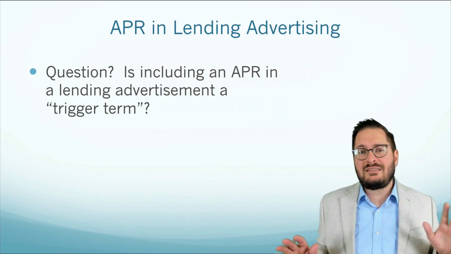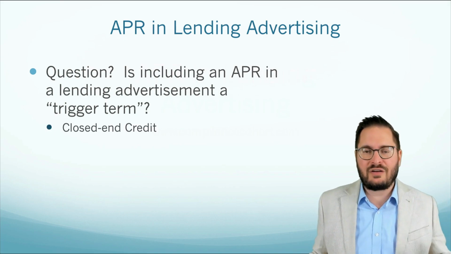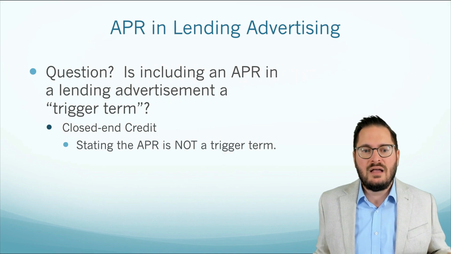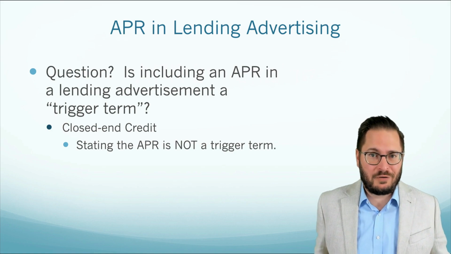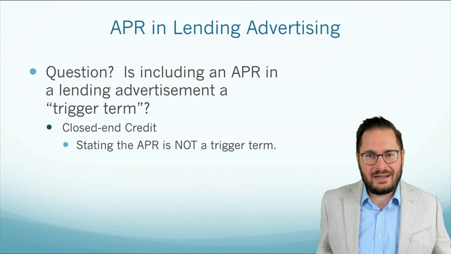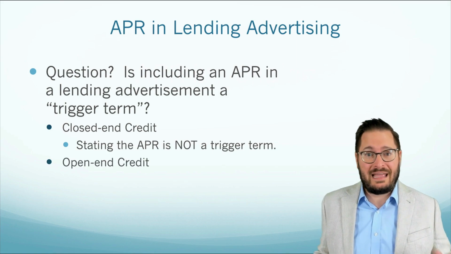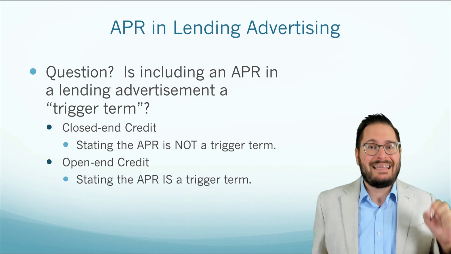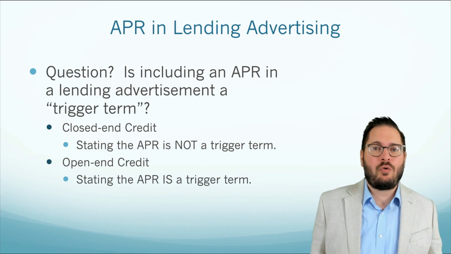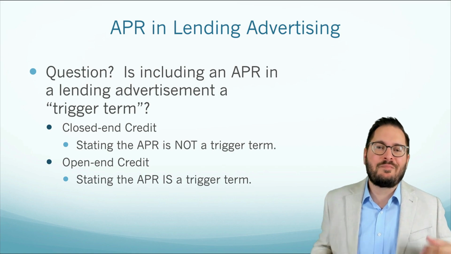For closed-end loans, stating the APR is not considered a trigger term. But under the open-end rules under Regulation Z, stating an APR is a trigger term that requires additional disclosure. So that's the brief overview.